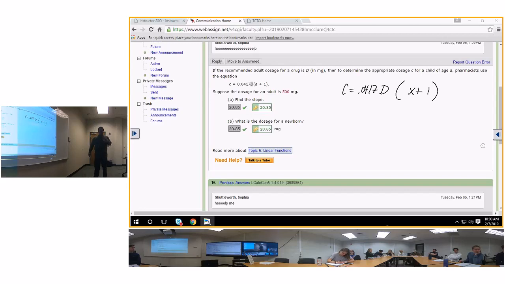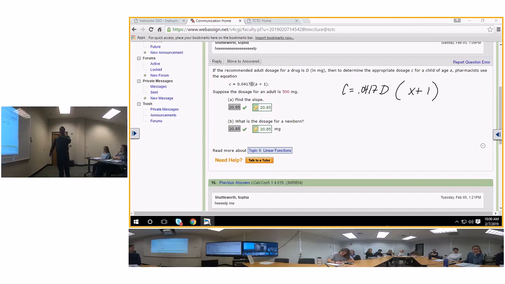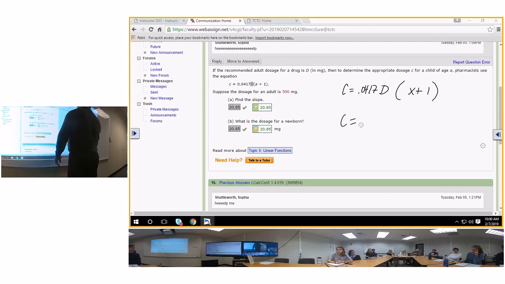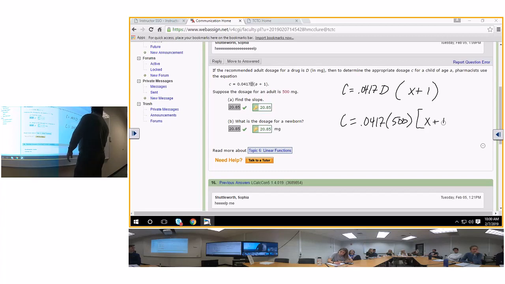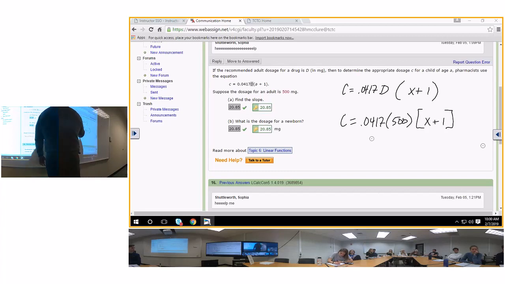Because the next step you're going to see y is equal to mx plus b, and m is your slope. So C is equal to 0.0417 times what? 500? Times x plus 1. Okay, somebody crank that out for me.